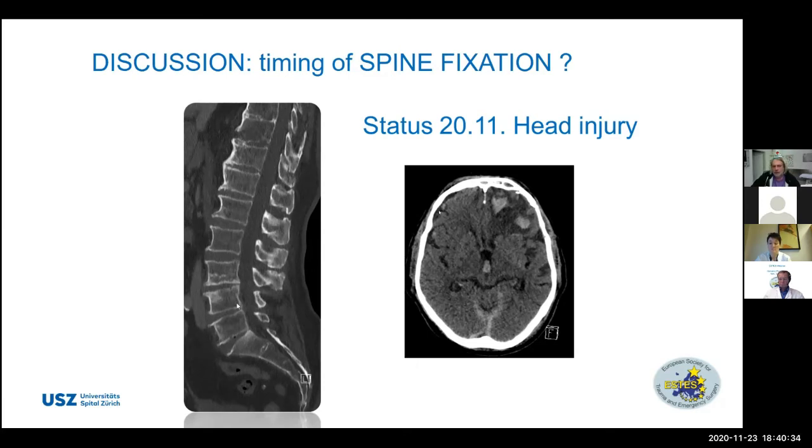And I wouldn't have dared to do the spine initially. It's an old patient. He has brain injury. He has a thoracic injury. He has severe extremity fractures. So this is definitely an unstable situation. And I wouldn't have dared to do spine surgery at that time.